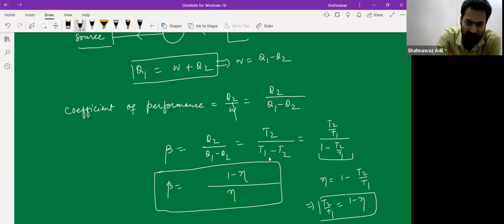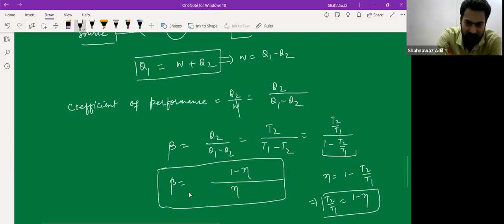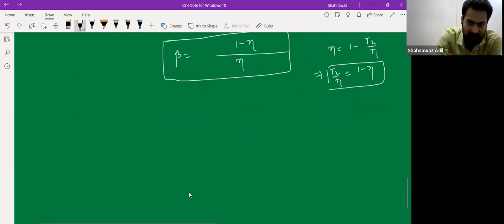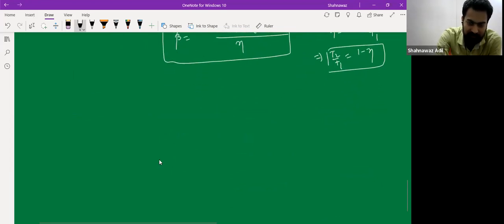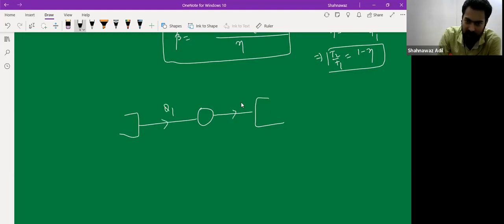So always, for the case of this heat engine and this refrigerator, always remember this diagram. This diagram, if you know, then all your other work is simple. Right. So for the case of this heat engine, this would be Q1, this would be Q2, and the work would be done here, right, by the gas.